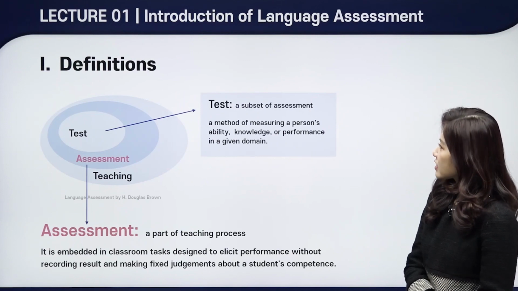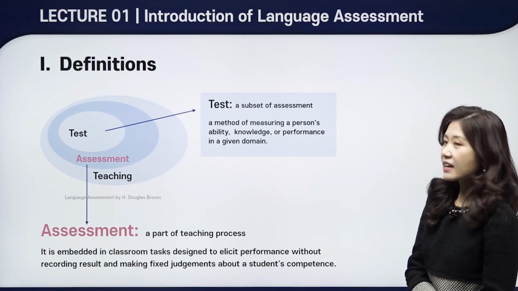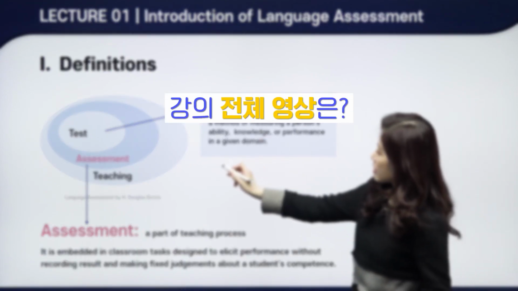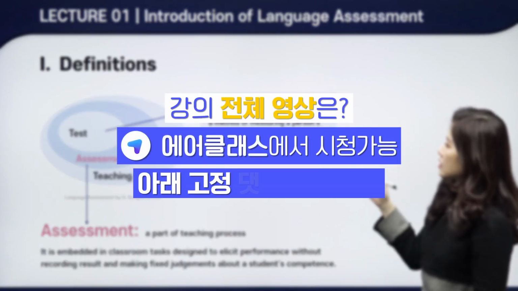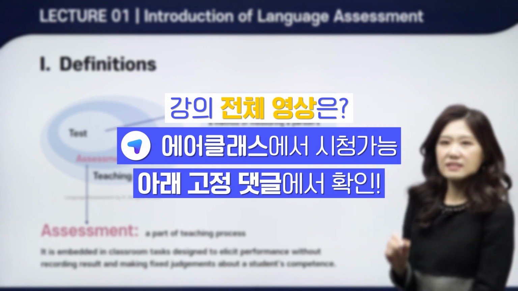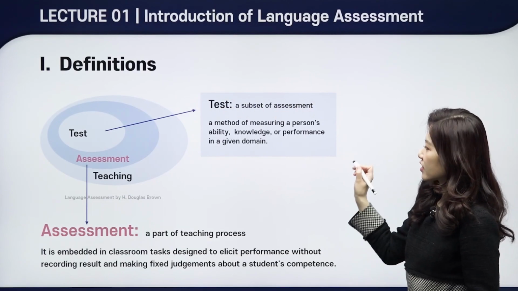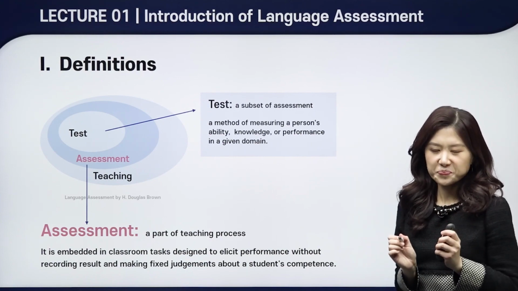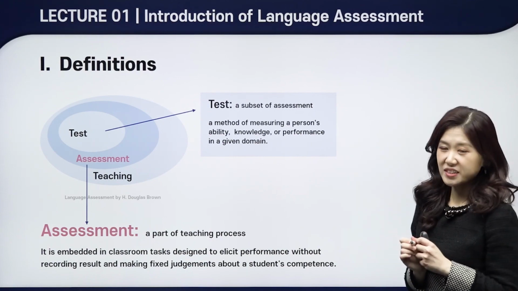Okay, let's have a look at definitions of test and assessment to begin with. So if we have a look at this diagram here, we see the large circle that says teaching, and within that large circle, we see a smaller or inner circle called assessment.